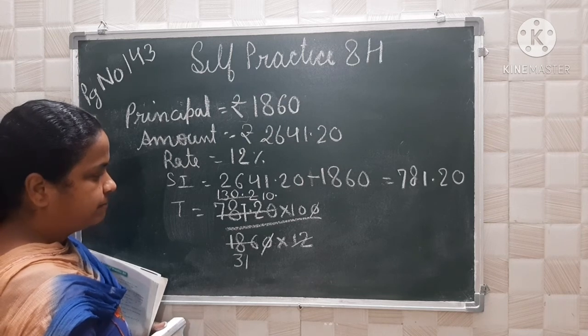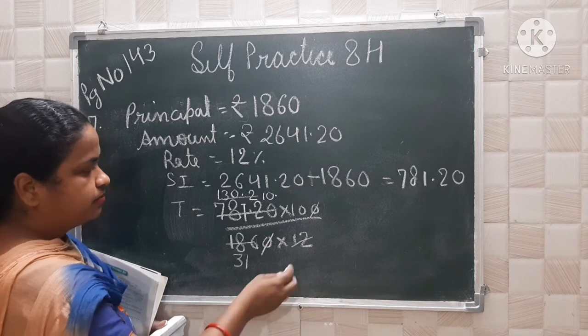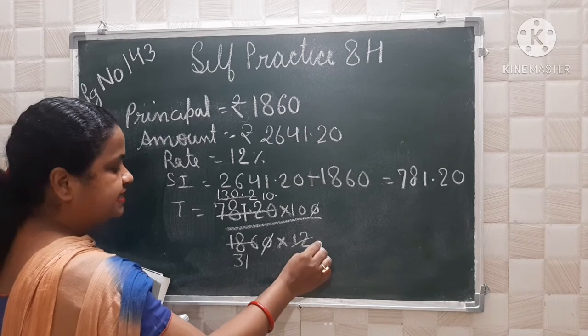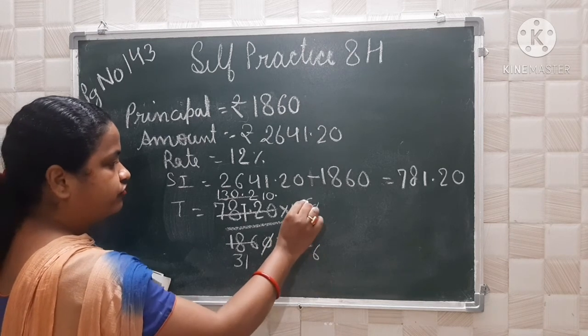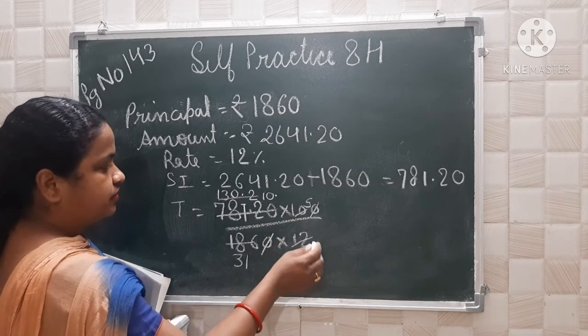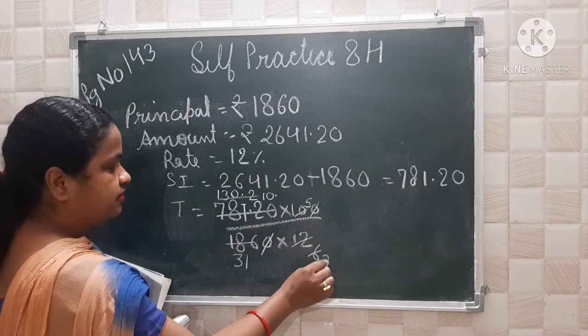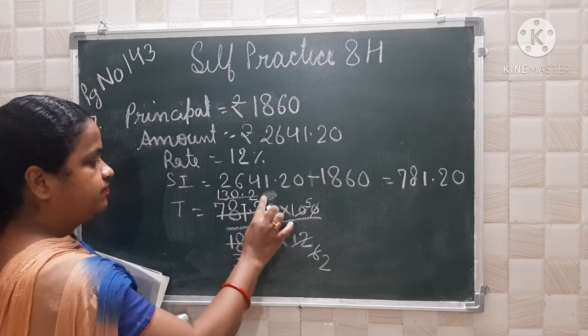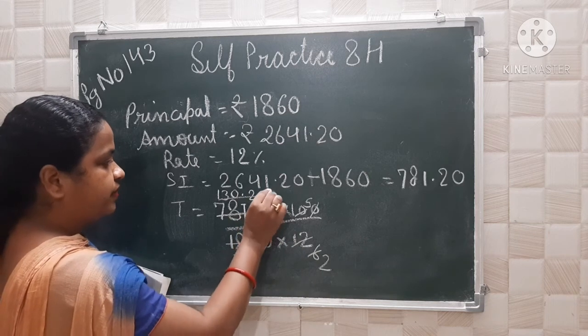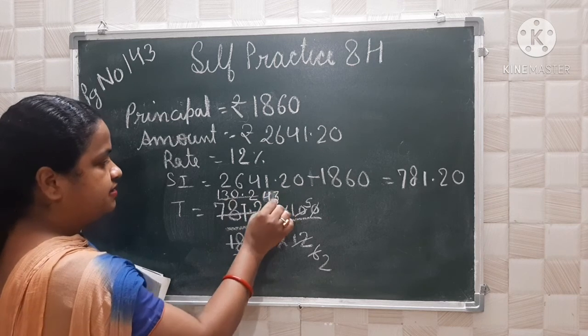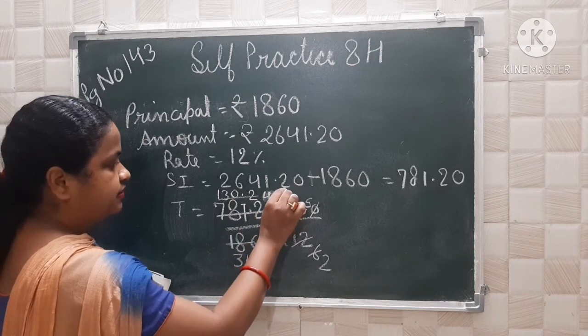So by 3 you can get 2 6s and 2 5s. By 3 you got 3 2s are 6, 3 4s are 12, then 3 3s are 9.